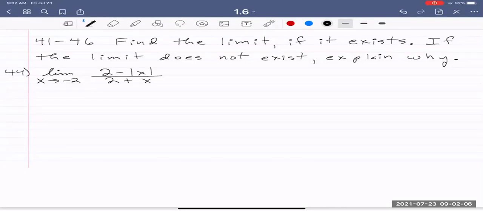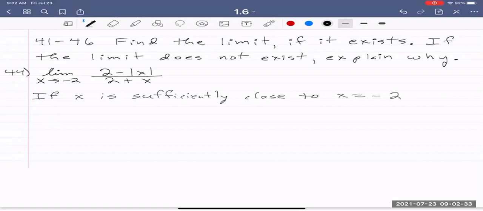Well, it turns out I can actually simplify this because I know what the absolute value of x looks like near x equaling negative 2. So if x is sufficiently close to x equal negative 2, meaning if x is negative, then absolute value of x is equal to x.